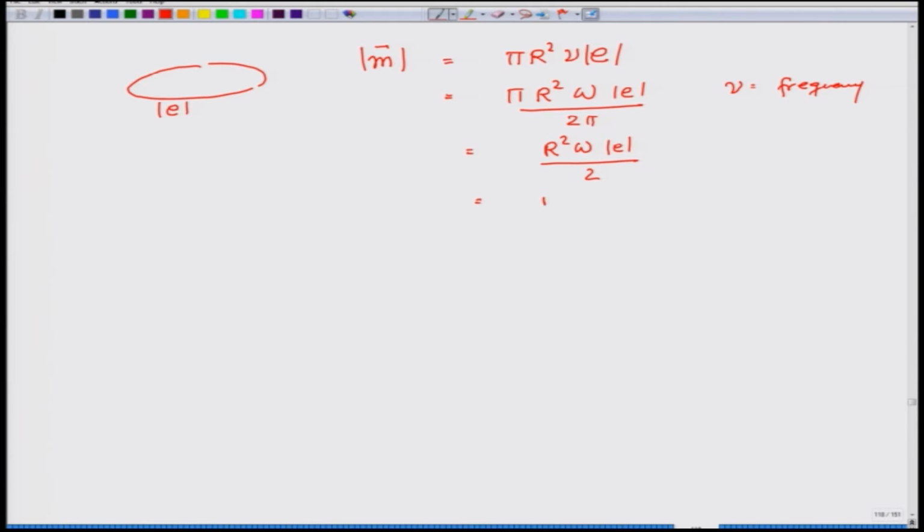I can write this as mr²ω·e over 2m. What is mr²ω? Angular momentum.